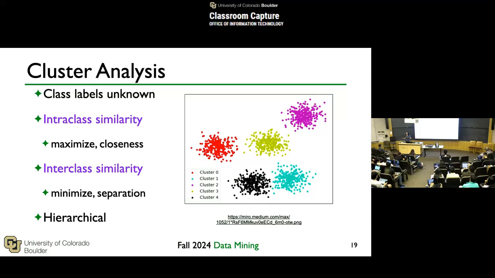I don't even know how many classes I have. Instead, I'm just trying to play with my data and see whether there's some natural grouping. Okay? So that's the unsupervised idea. I don't know ahead of time what I'm trying to find. But based on the property of the data, I'm trying to look at the similarity and dissimilarity, so I have some way of putting them into different groups. Okay? So that is about clusters.